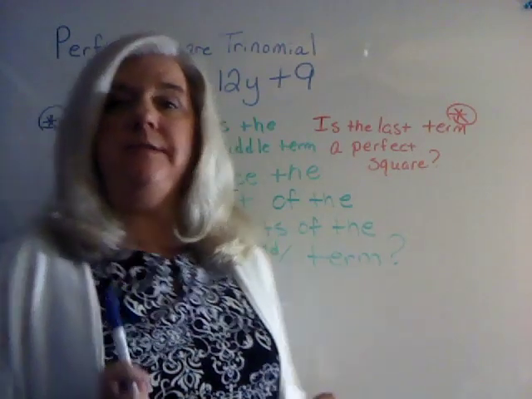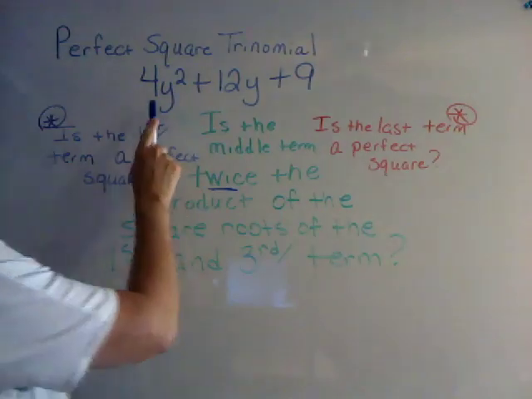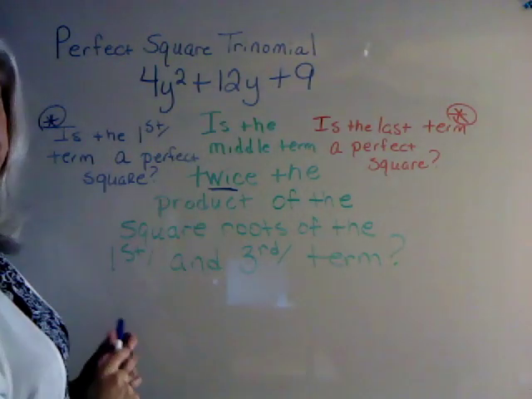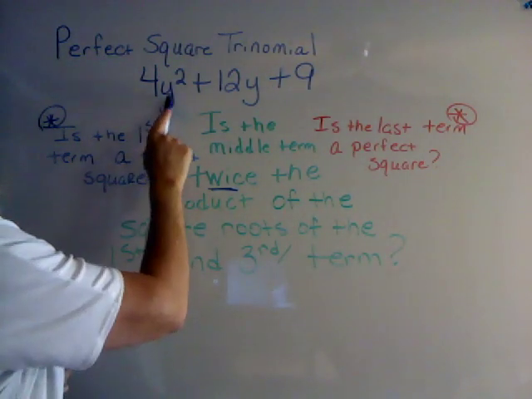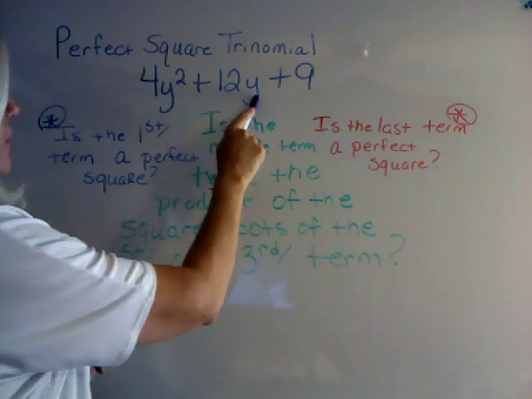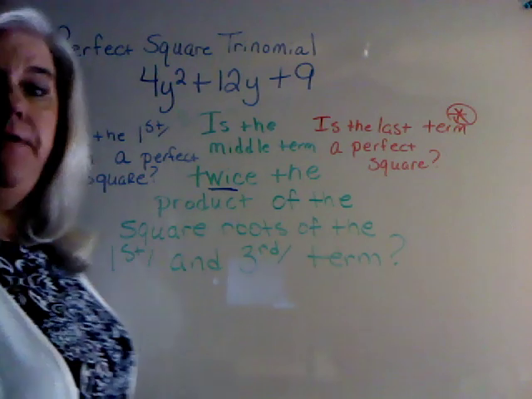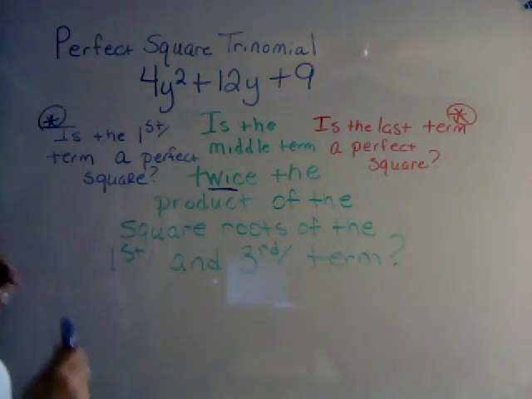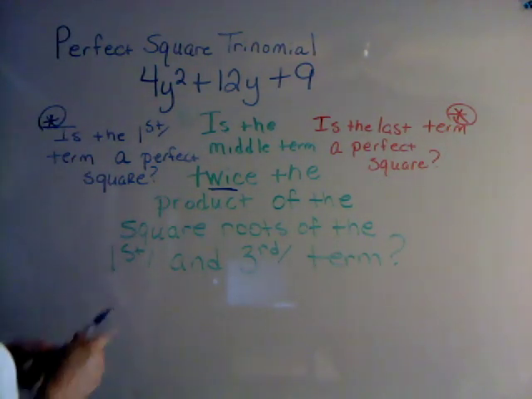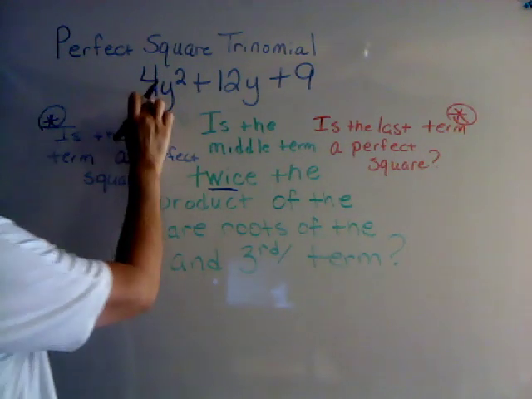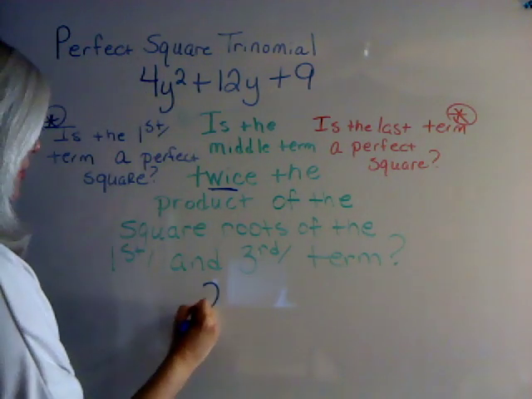Now we want to decide if this trinomial is a perfect square trinomial. So write down 4y squared plus 12y plus 9. So let's see if this is a perfect square trinomial. What is the square root of 4? 2.